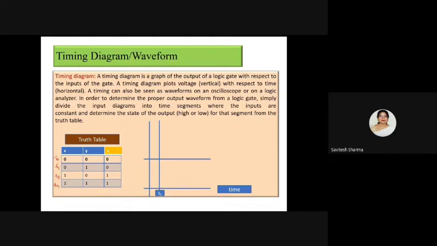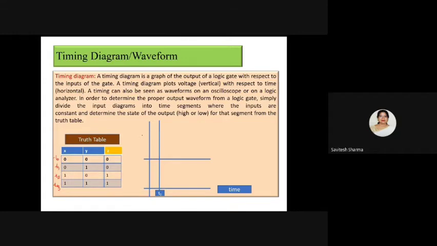So for these 4 times, I will represent this information in the timing diagram as T0, T1, T2, T3. Just see how I will plot to convert this information.